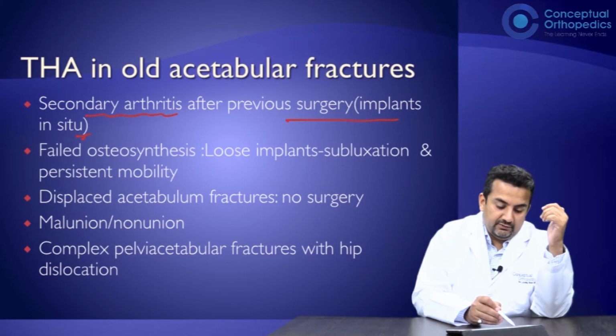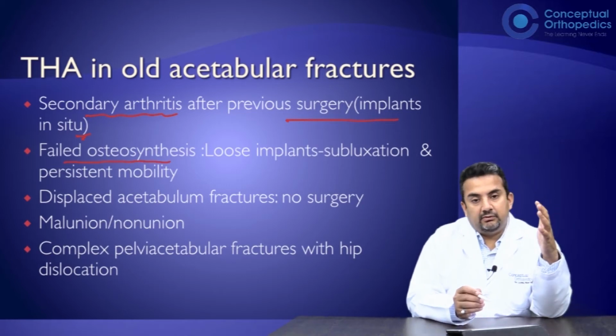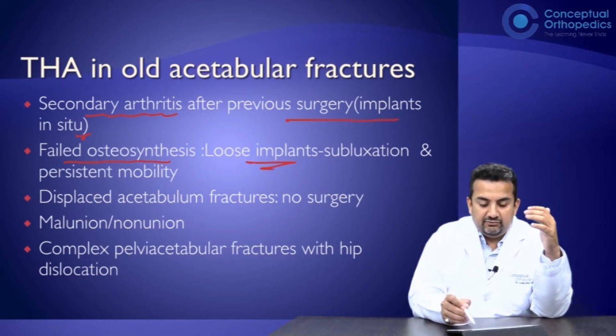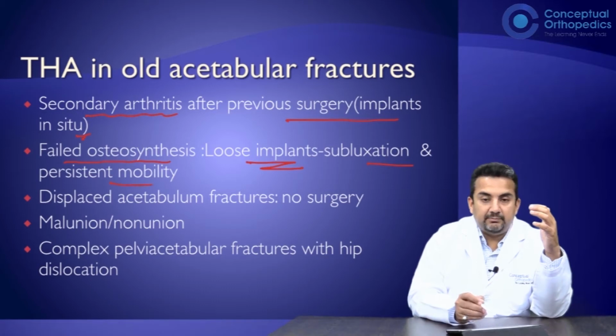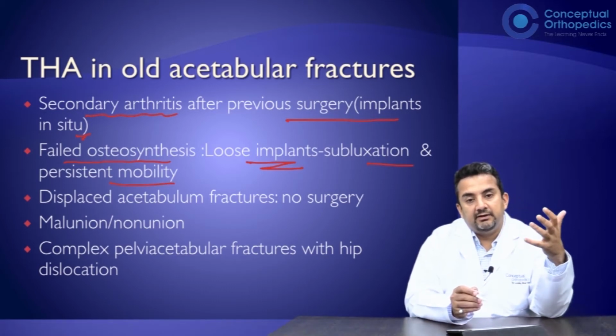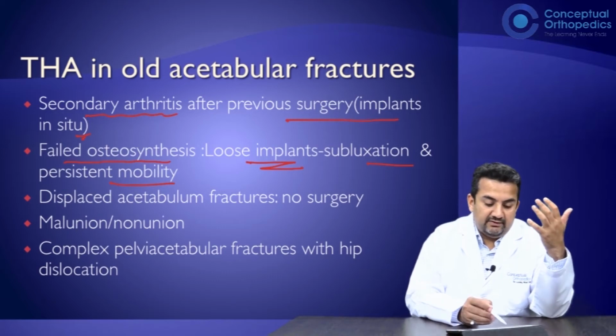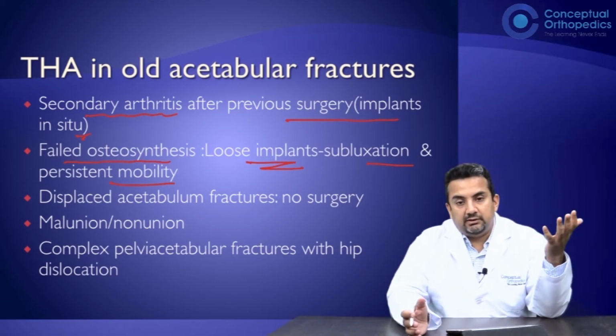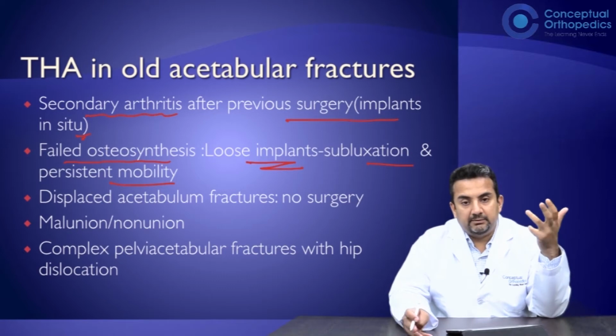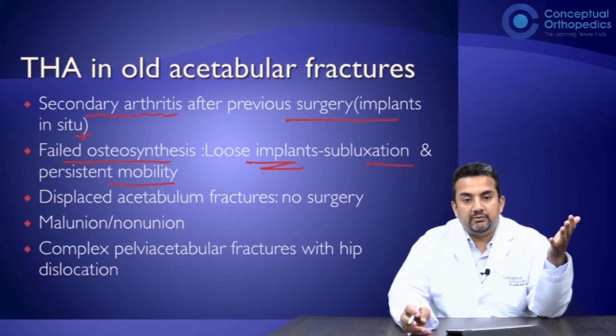So failed osteosynthesis: if there is a plate which has been used to fix the column and screws to fix the wall fragments, you might have loose implants, and the hip might be subluxed, and there might be persistent mobility at the fracture site. Those things you need to take care of in such situations. In a displaced acetabular fracture where no surgery has been done, the best option you have is to do a total hip replacement.